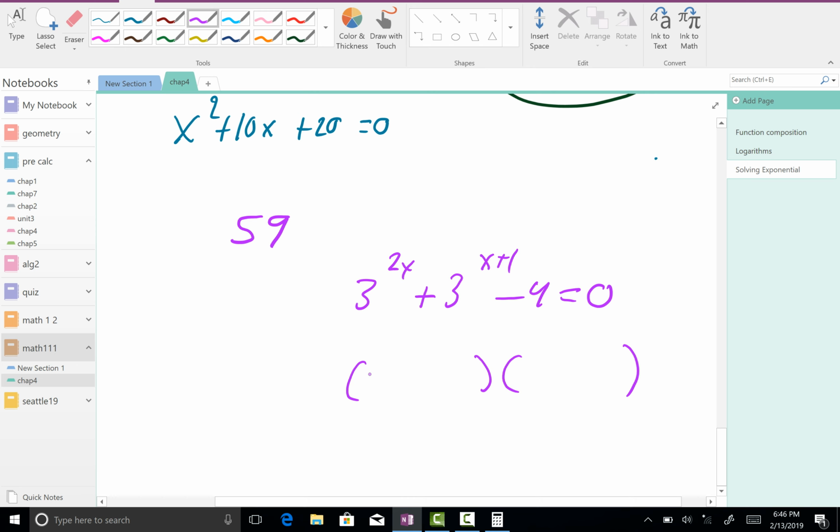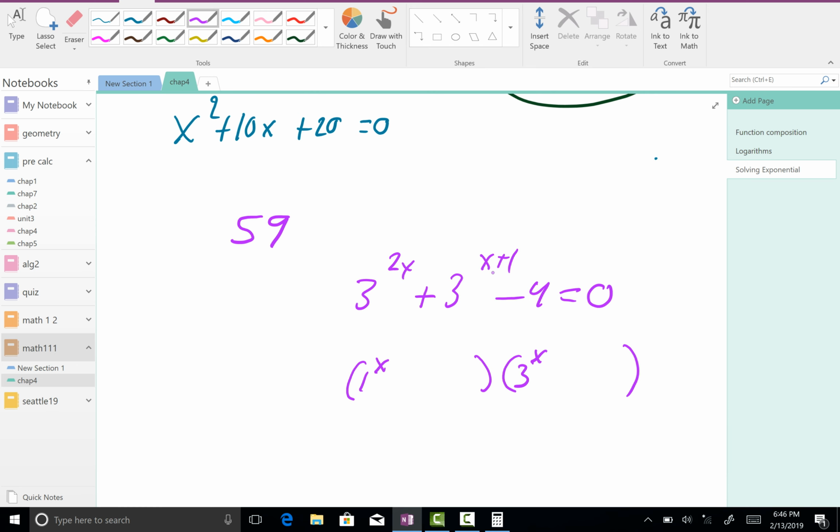So in other words, you should have a 3 and a 3, or a 1 and a 3. And this would have to be an x, and this would have to be an x, because when you multiply that, you get 2x, right? And then we need to get a x plus 1 here somehow. So let's see.